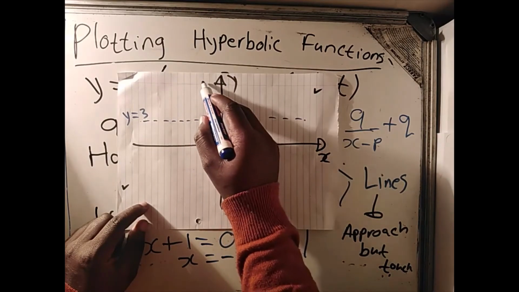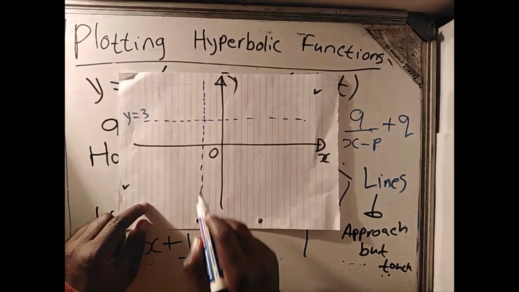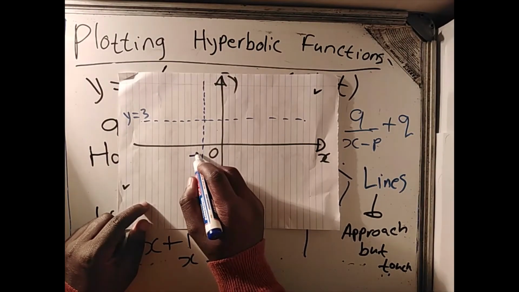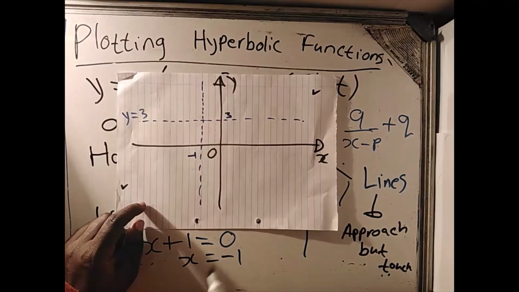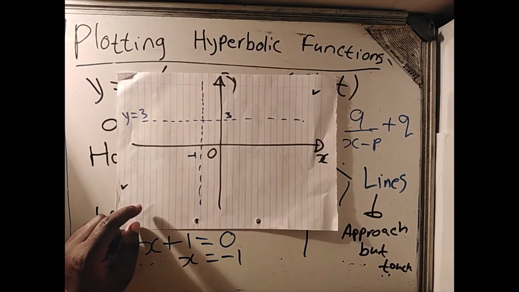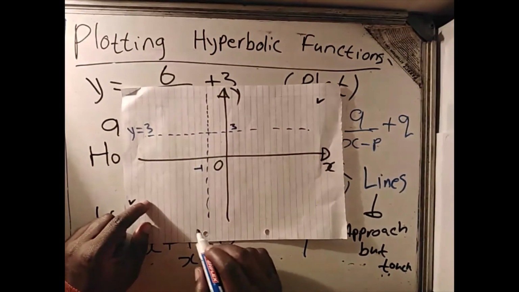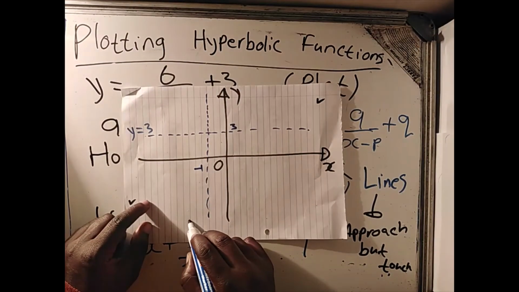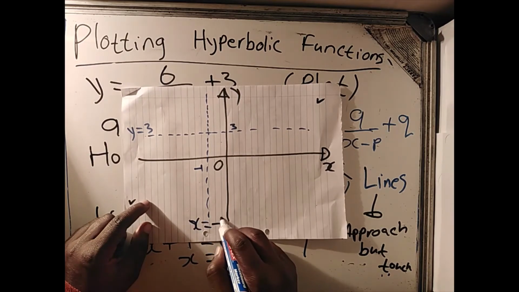Dotted lines, please. Here is minus 1, and here there was 3. And then please, ladies and gentlemen, you must also label your vertical asymptote: x is equal to minus 1.